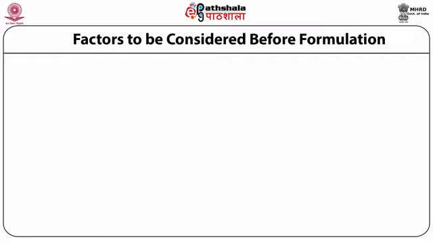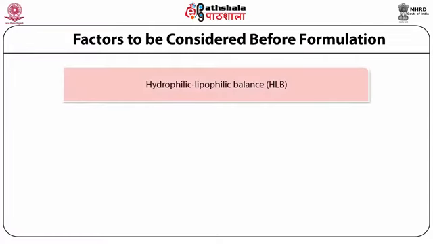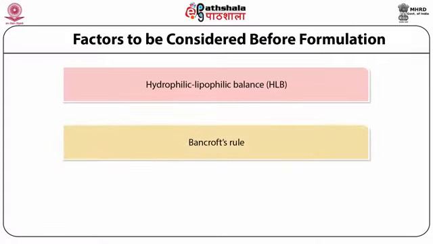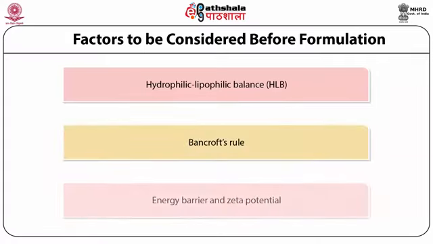Factors to be considered before formulation of multiple emulsion systems. The following are important factors which can affect the quality of the formulation. The first is hydrophilic lipophilic balance, that is the HLB of the emulsifier. Second, Bancroft rule, and third one is energy barrier and zeta potential.